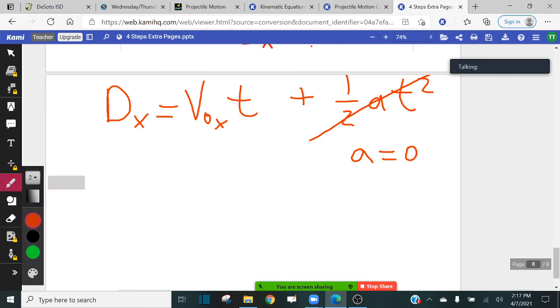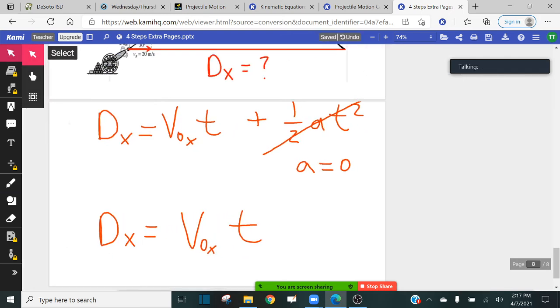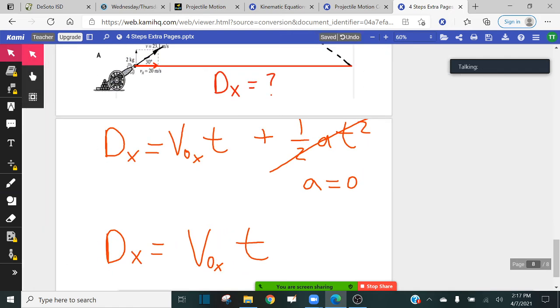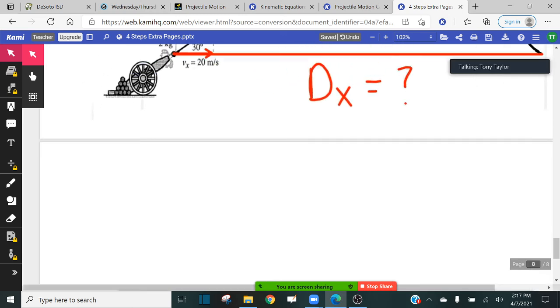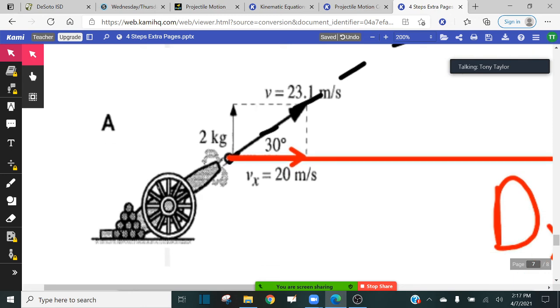Okay. So that means this equation just reduces to displacement in the x direction is equal to the initial velocity in the x direction, all of that multiplied by time. Now, guys, we know the initial velocity in the x direction. They actually tell us that. Look at your picture.